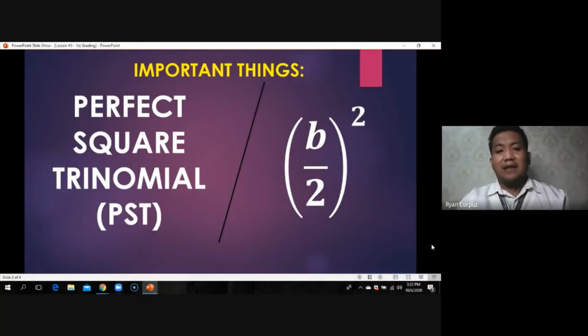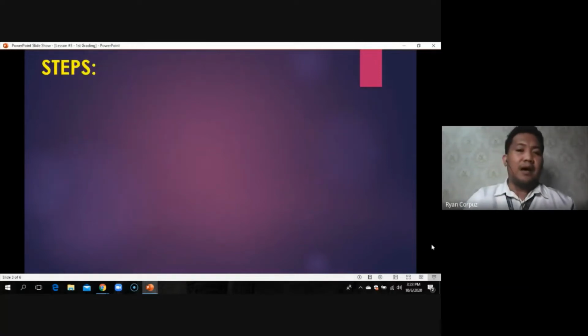So, just like the first two methods in solving quadratic equation, we are also going to apply certain steps in order for us to have a guide in solving a certain problem. So here, for us to have a guide in solving quadratic equation by completing the square, we are also going to apply certain steps.